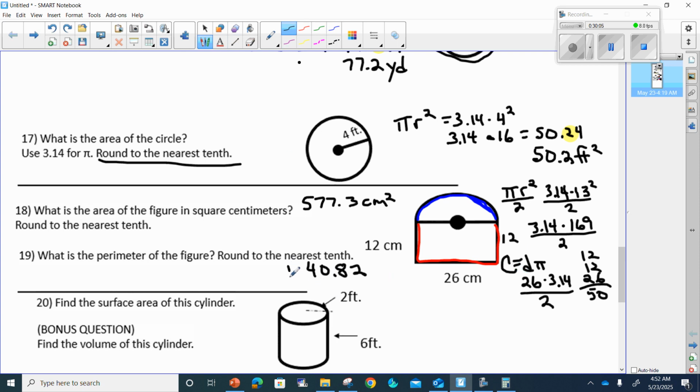When I take this and add it to 50, I get 90.82. We don't want to forget that it is rounded to the nearest 10. 2 is less than 8, so we're going to get rid of the 2. And now we have 92 centimeters.